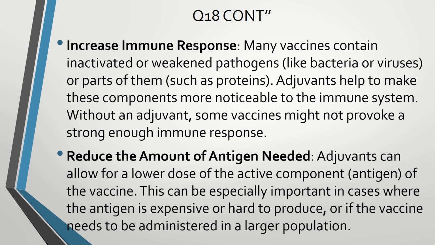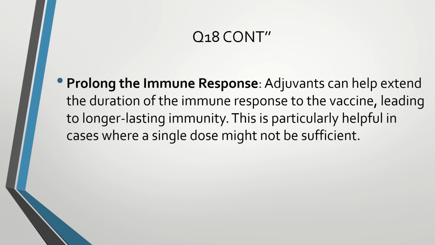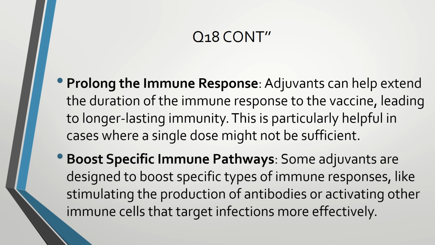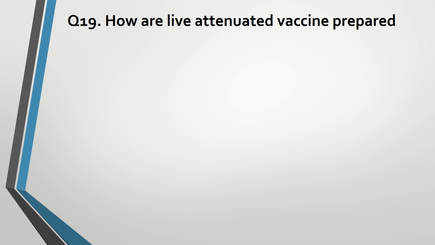When you use adjuvants, you use a lower dose of antigen, so it can be used in the production of vaccine for many people. Also, prolonged immune response. It builds a specific immune pathway. That's it for question number 18. Let's go to question number 19.